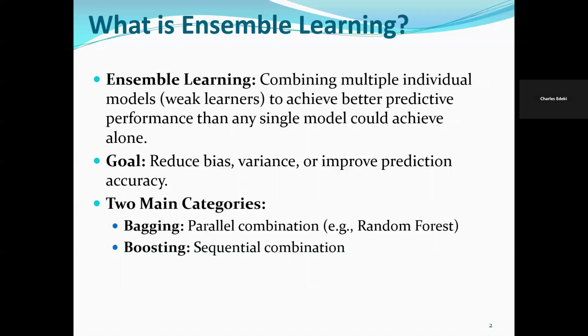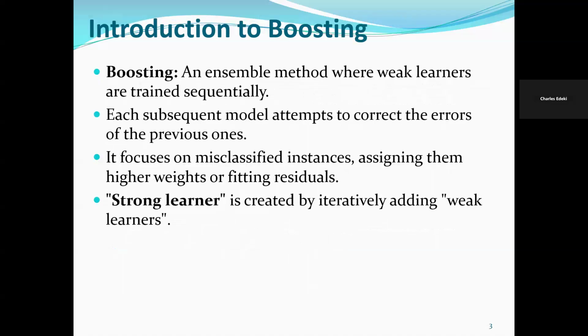But here we mention that it can also reduce bias. I was expecting someone in the class to ask about that. The only answer I can give is that machine learning is a highly dynamic field, so it depends. Okay, now let's go to the beginning of boosting.